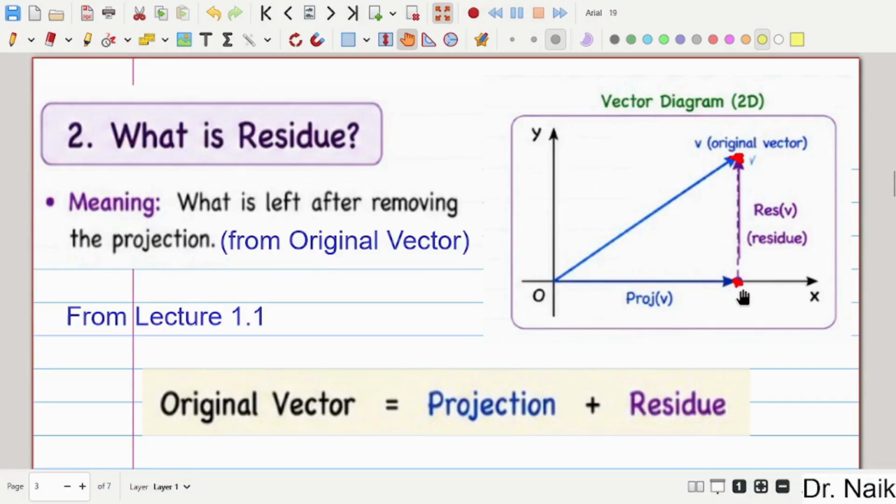While showing or casting an image or any information on the surface, we lose some information. The loss of information means the residue. And the length of this residue measures the information loss.